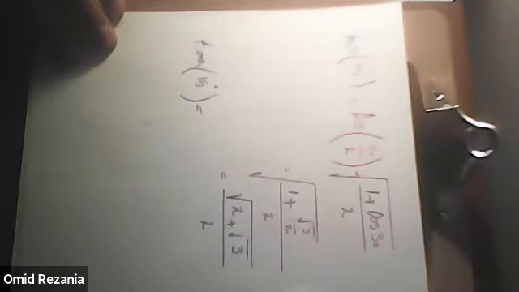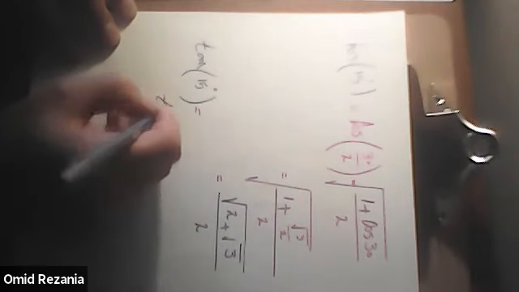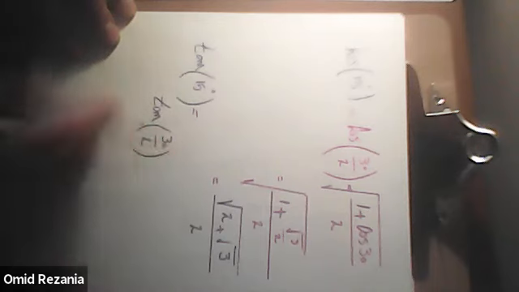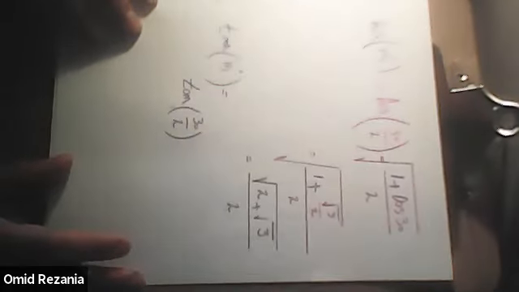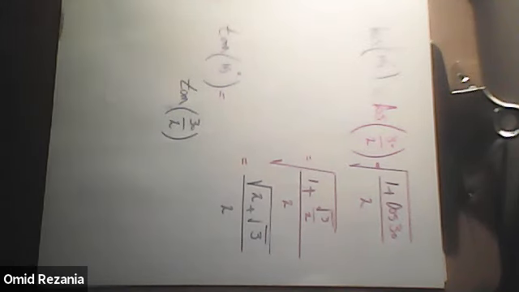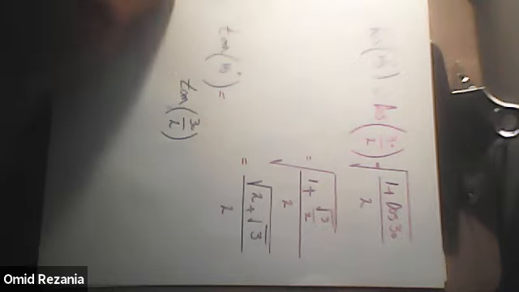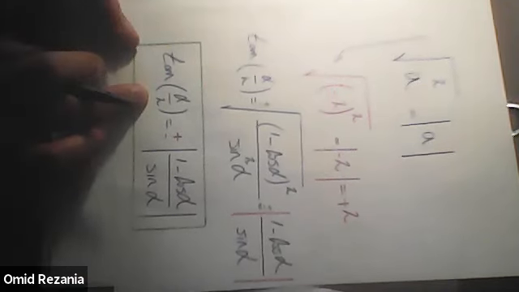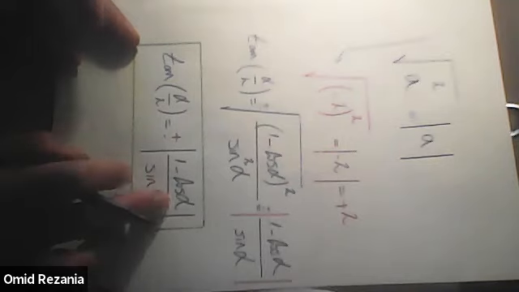The tangent of 15 degrees, I know it can be written as the tangent of 30 divided by 2. I'm going to represent the half angle by the full angle, using the identity we derived before the break: the tangent of alpha divided by 2 is equal to 1 minus cosine alpha over sine alpha.